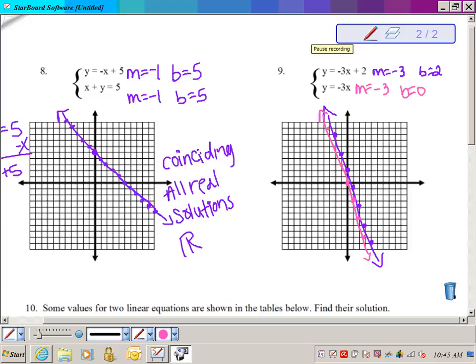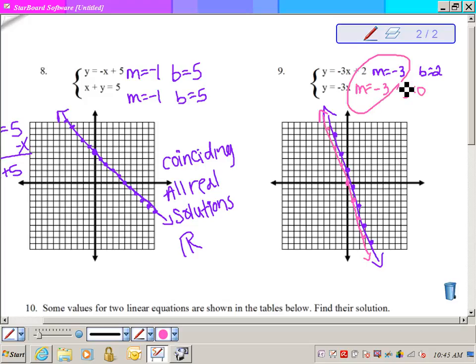Good, they're parallel. How do we know, though, that they're parallel? How do we know they never touch? No, not because the y-intercept's 0. How do we know that two lines are parallel? Very good. Same slope.